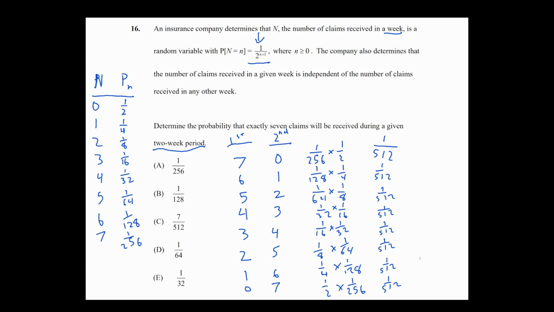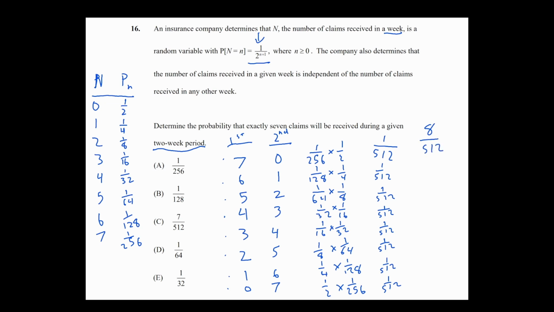So all we have to do is count up how many of these we actually have and add them all together, and we can get our answer. We'll just have to simplify our answer potentially, but let's count this out first. So 1, 2, 3, 4, 5, 6, 7, 8. So in total, the probability that we'll have exactly 7 claims in a 2-week period is 8 over 512.